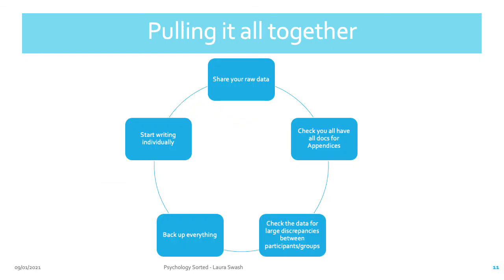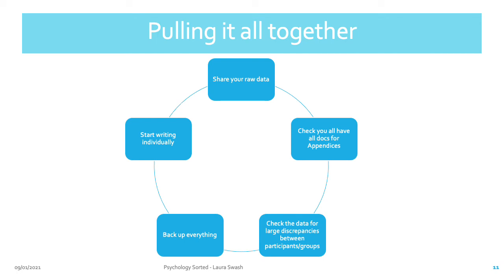Finally, pulling it all together. Share your data. Check you all have all the same documents for the appendices except for the raw data calculation. That will be different. Check the data for any large discrepancies.